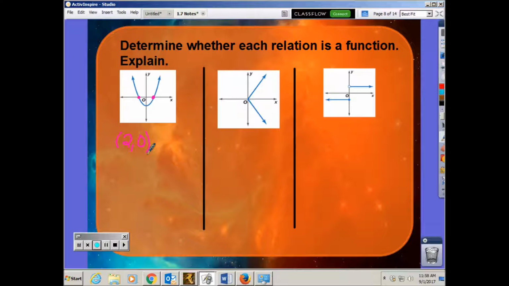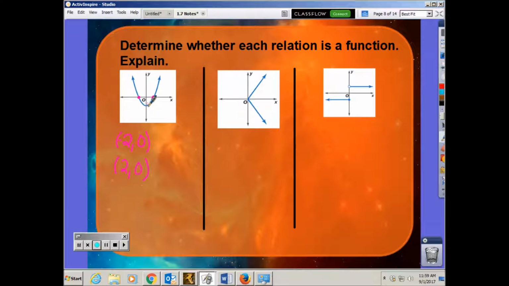And maybe this one would be negative 2. Even though they're both going through the x-axis, the x value isn't the same. That would be if they both went through this point here. The y value is actually what's the same.